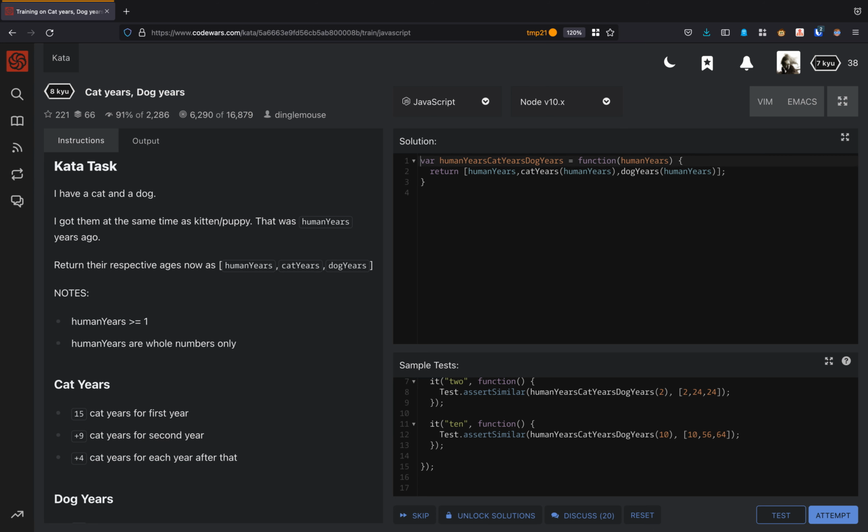So cat years would be a function that takes in a number of human years, right? And then, I'm thinking about doing this Lisp style. So with recursion. Let's see how that would go.